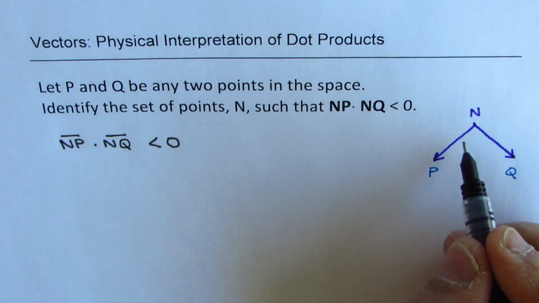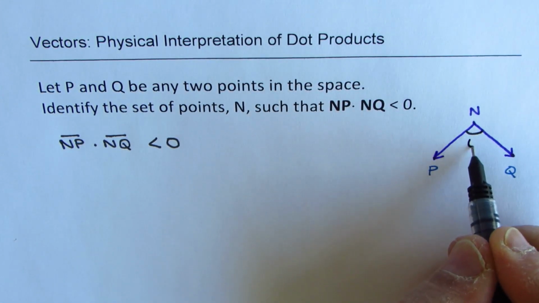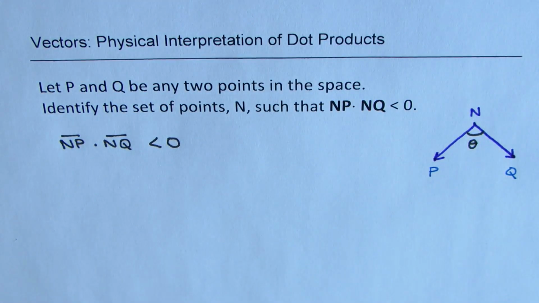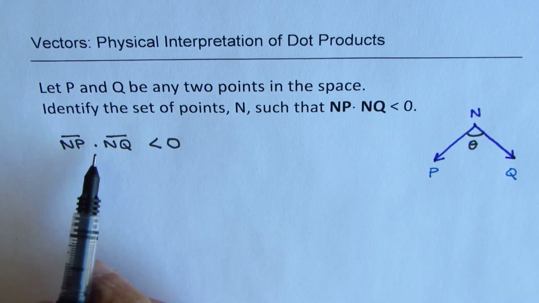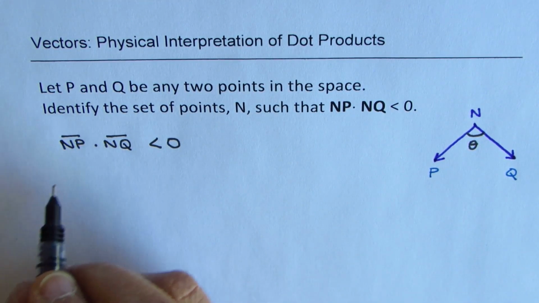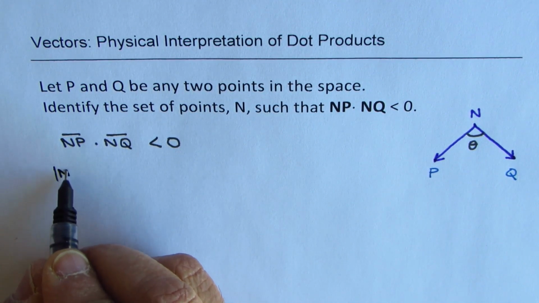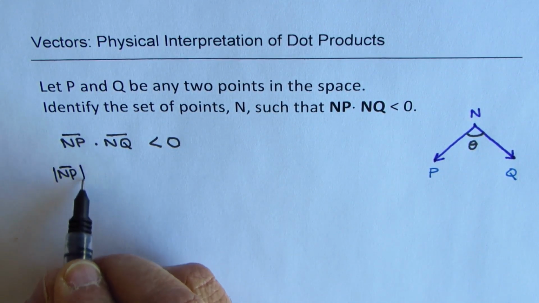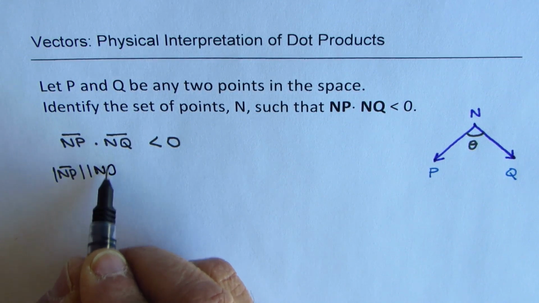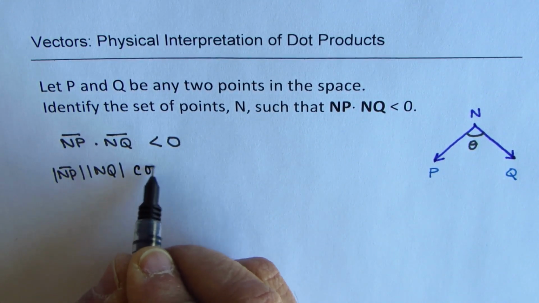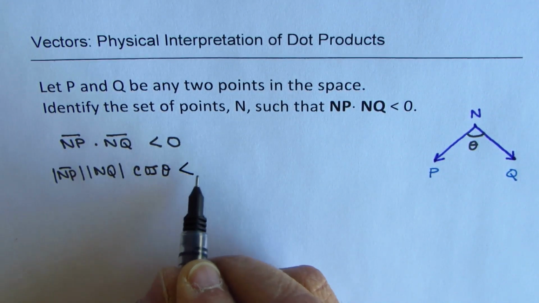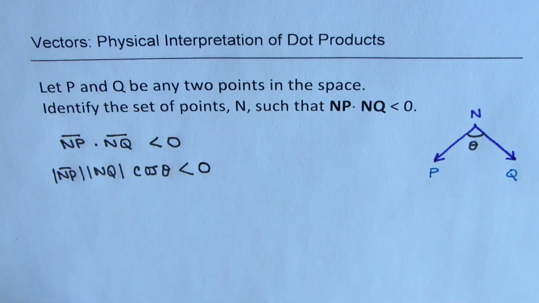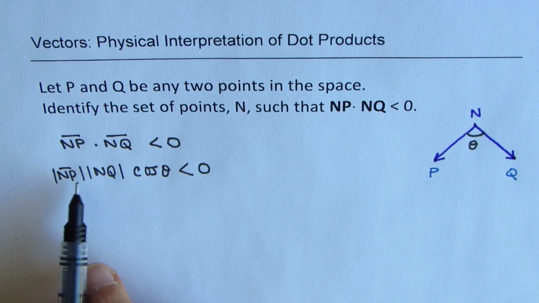Let us say that the angle between them is theta. In that case, NP dot NQ less than 0 means magnitude of NP times magnitude of NQ times cos of theta is less than 0. Now magnitudes are positive, right?